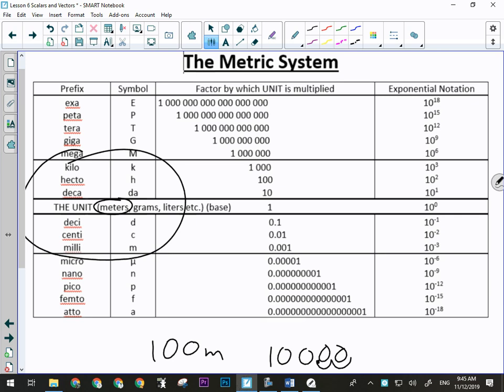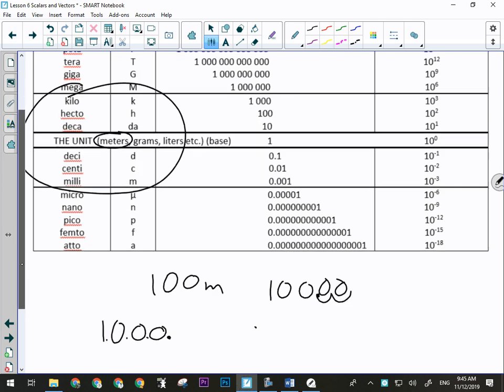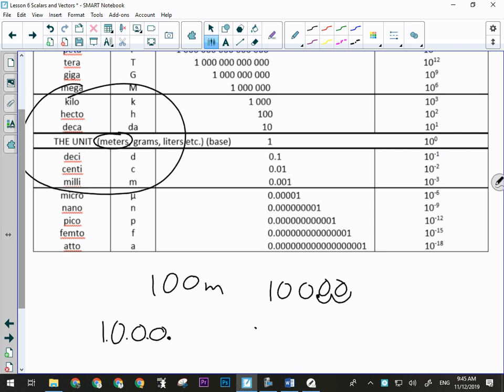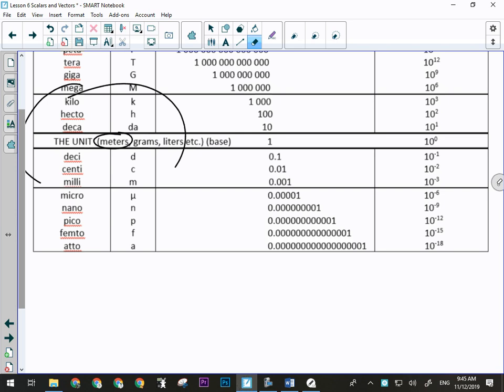What's the biggest? Exa. 10 to the 18 meters. That's as far as I know. And then if you go further down, we used micro back in the biology unit.